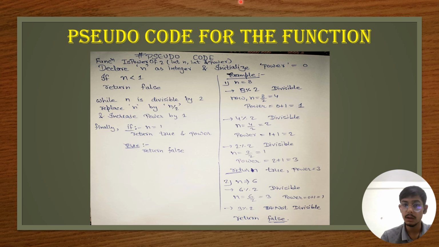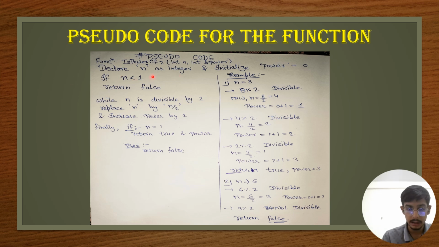Reference variables allow power to be modified inside the function and reflected in the main function. So later when we use the variable power inside the main function, it fetches this value directly using its address. So that's the use of the reference variable here.